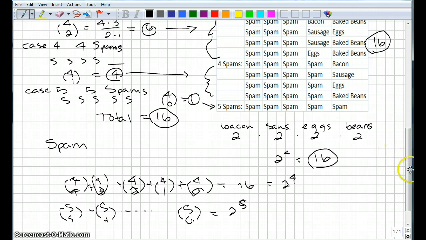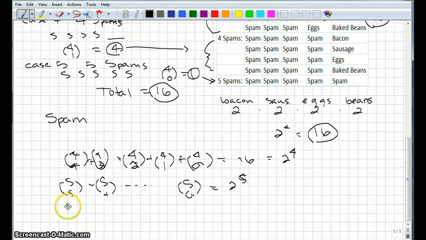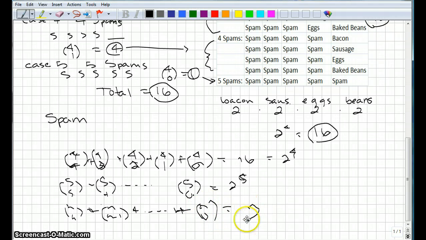All right, so we have n choose n plus n choose n minus 1, all the way to n choose 0, and that's equal to 2 to the n.